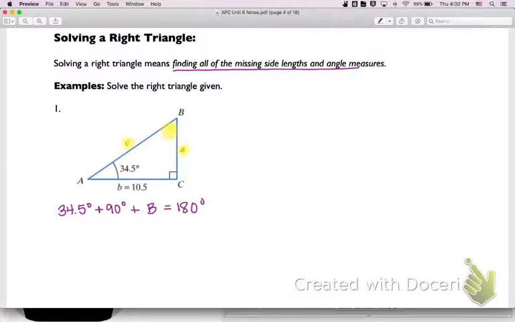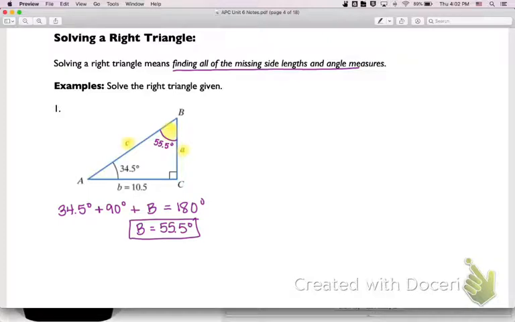So we can subtract all of that from 180 and we get 55.5. And again, we're measuring in degrees. We're measuring 55.5 for angle B. So we've already got one done. This angle here, 55.5 degrees.